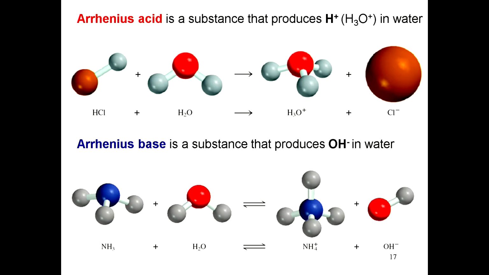So we introduced there are two ways to learn the acids and the bases. The first one is called Arrhenius. An acid is a substance that produces protons, and a base produces OH.